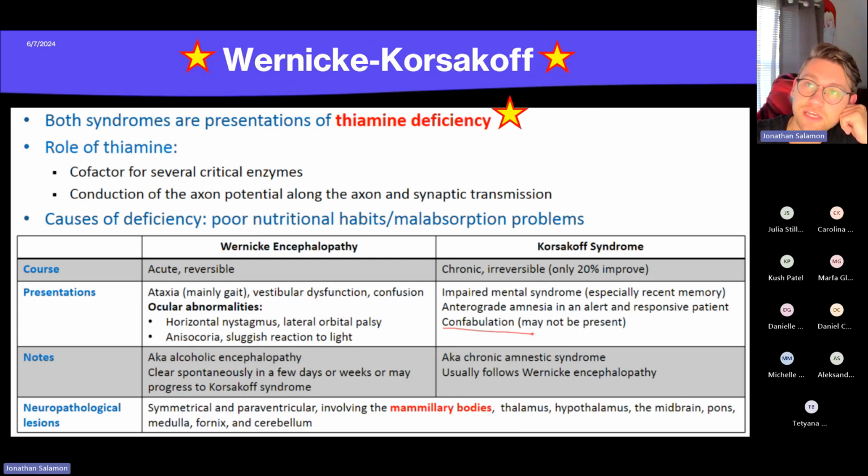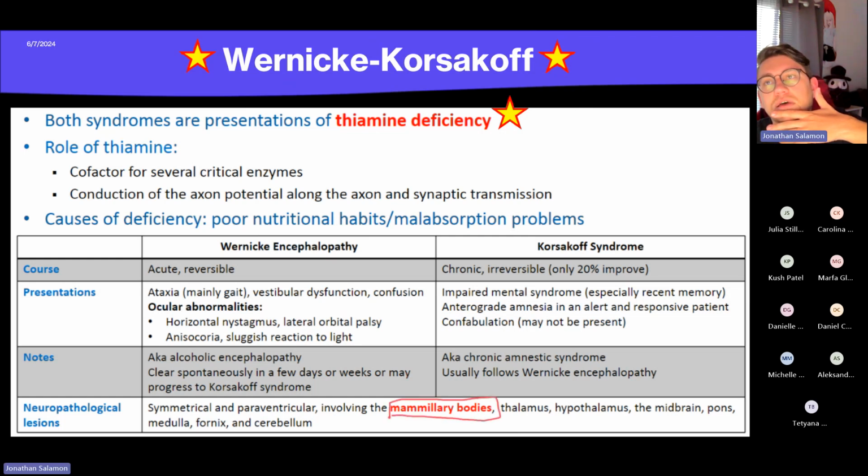Once they have confabulations, it becomes Wernicke-Korsakoff syndrome. In most of the stems, if amnesia exists, confabulation will also exist. But confabulation is a lot of times the threshold, which is what makes it Korsakoff syndrome, not just Wernicke-Korsakoff syndrome.